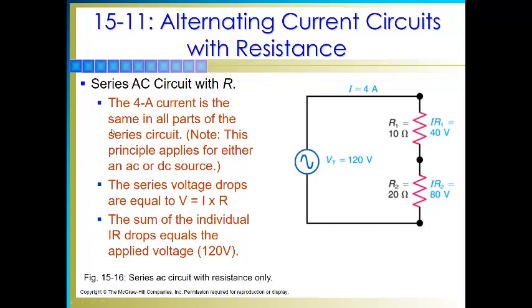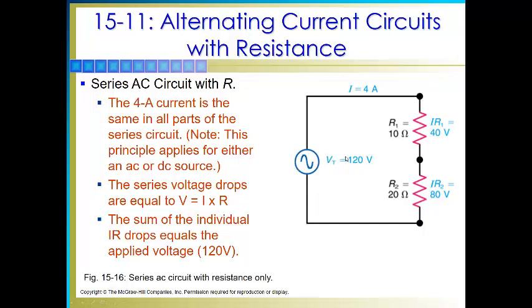Therefore, the calculations that we used when we deal with DC voltages are used in the AC scenario as well, because the RMS value, remember, the values that are given to you in the source information of the problem, are typically the RMS value, and the RMS value is equivalent to a DC value.